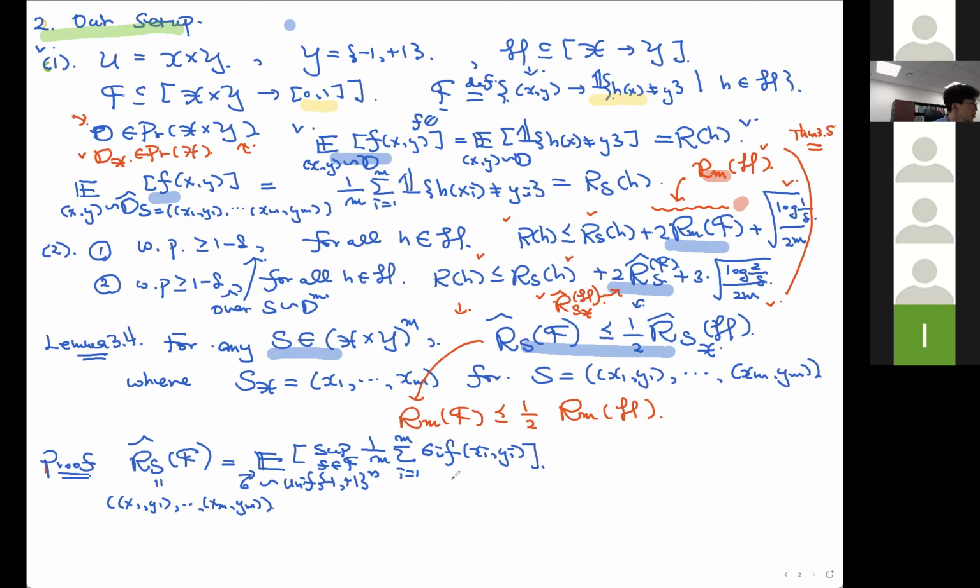Okay, so if we expand the definition of f, this part becomes the same as sigma_i. My proof is very dirty, but because every function f is coming from H, it can be written like this.